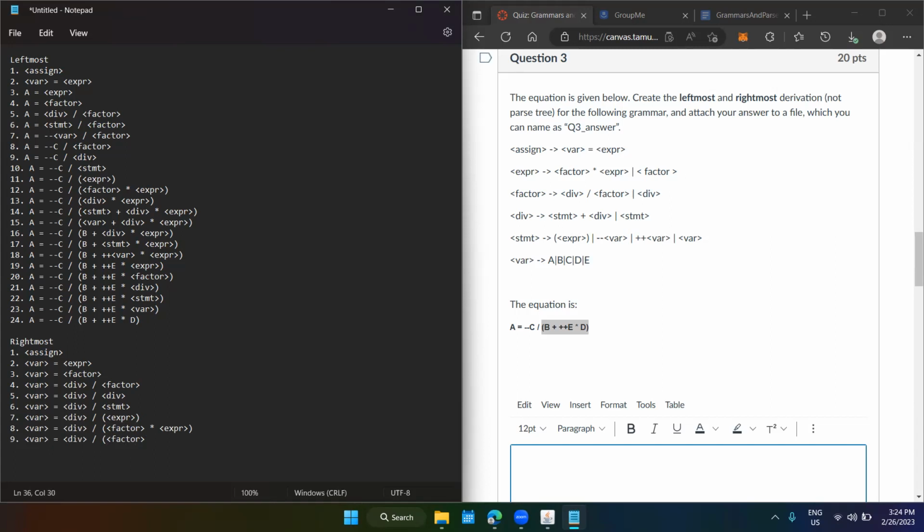Factor times expression points to factor as well. Factor points to div. Oh, whoops.